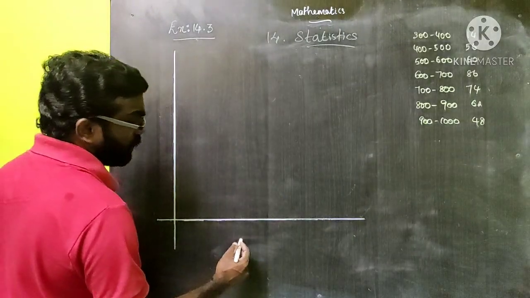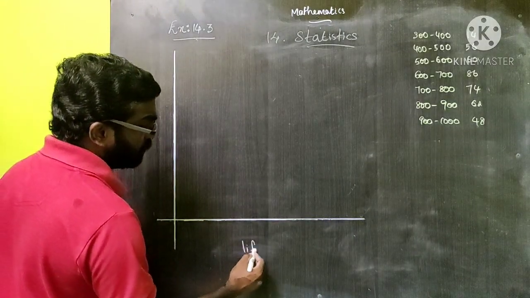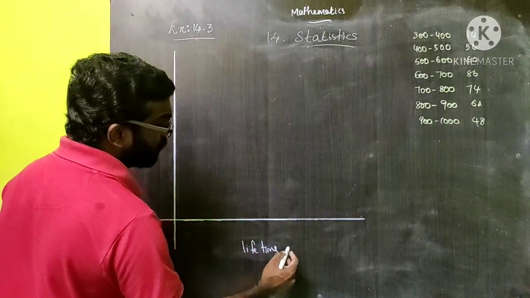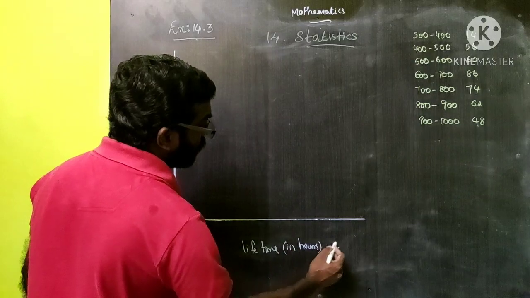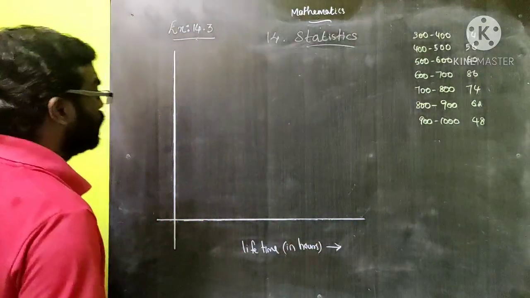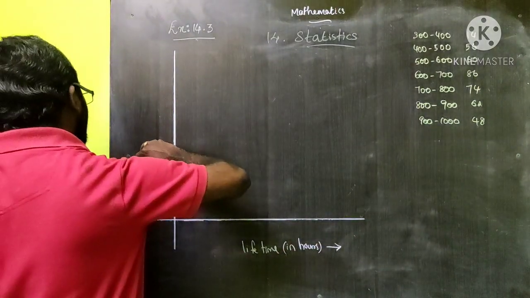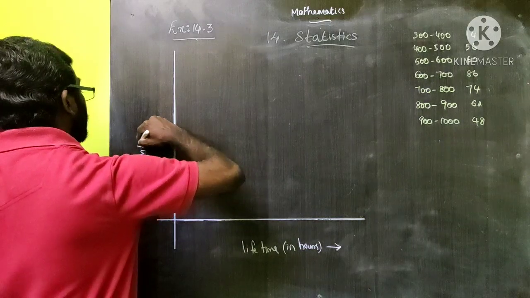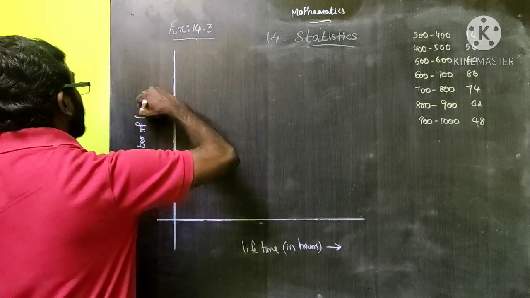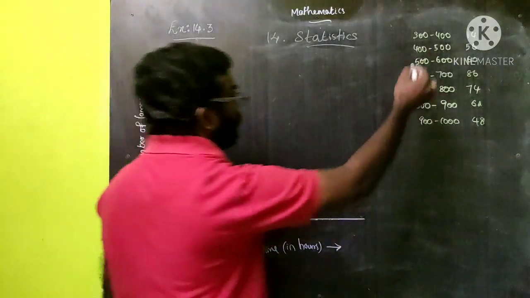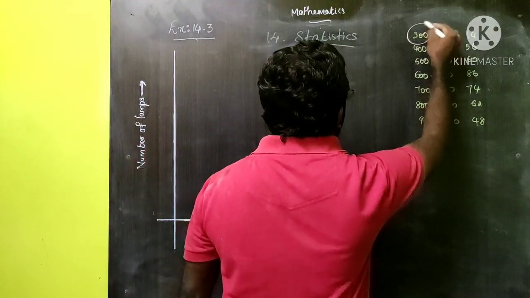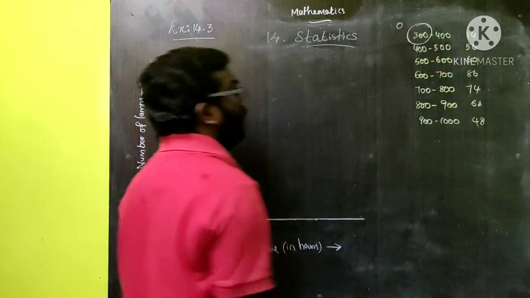Here on the x-axis I can mark the lifetime in hours, and on the y-axis number of lamps. Here also the first class interval doesn't start with the number 0.